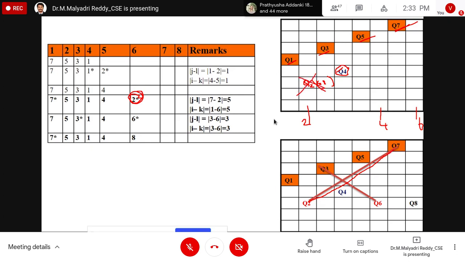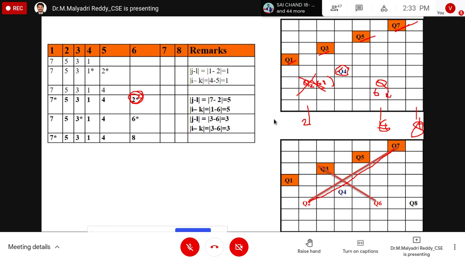Remaining possibilities are 6 and 8. Next, I check with Q6 placed here. It is 6 comma 6, right?